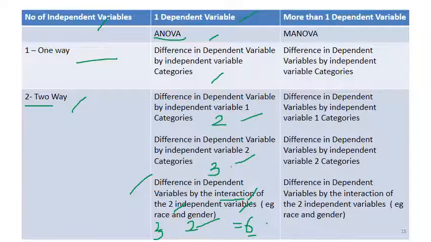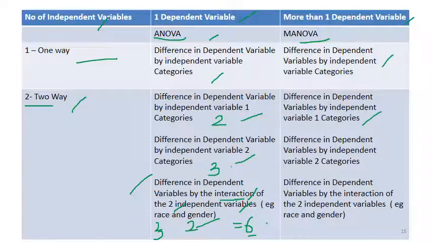Now, extending this idea of the two-way ANOVA, if we have more than one dependent variable, let's say we want to look at age and height together as the dependent variables. If it's one independent variable, then it becomes a one-way MANOVA. And of course, extending this, if it's two-way, same thing again.